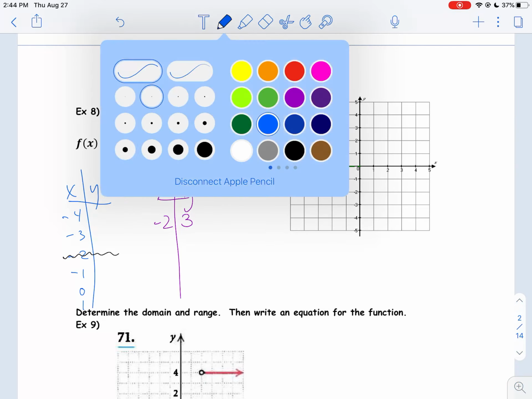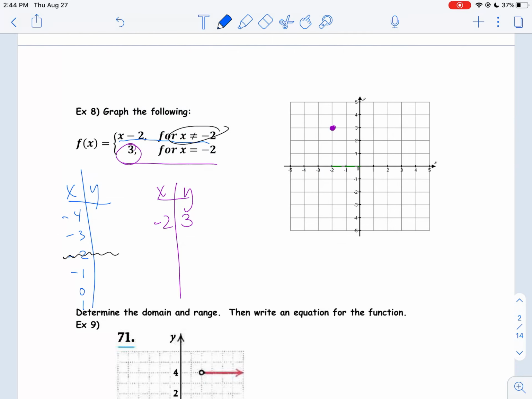Now let's take a look at the blue ones. Plug negative 4 in. Negative 4 minus 2 is negative 6. Plug negative 3 in. I get negative 5. If I plug negative 2 in, I would get negative 4, but remember that's an open circle. Negative 1 then is negative 3. 0, negative 2, 1 is negative 1. So we can see a pattern there.